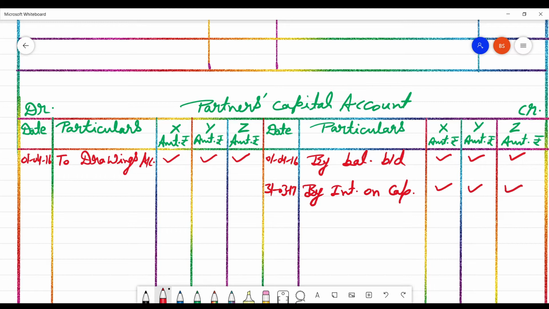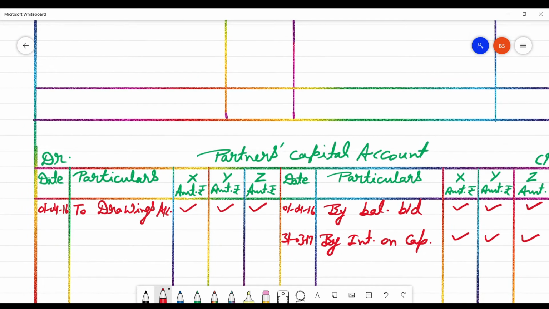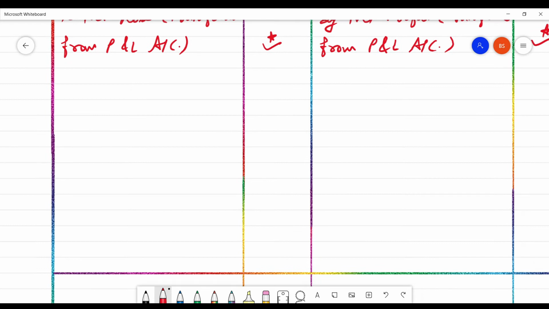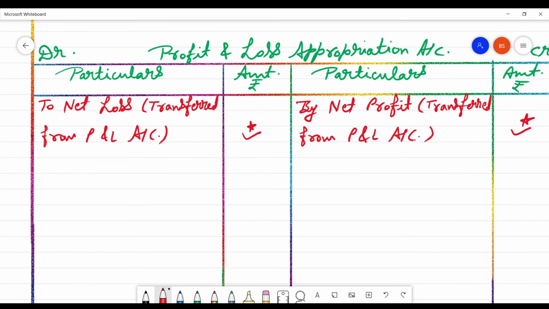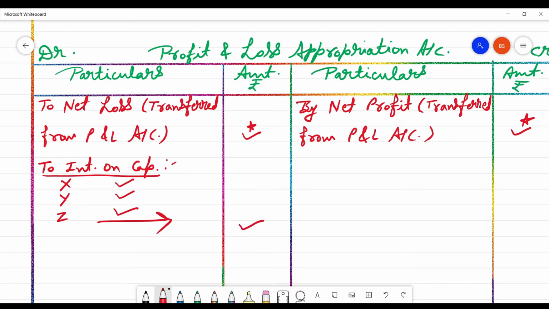And the second entry will be recorded on the debit side of the P&L appropriation account, "To interest on capital", with the partners' names and their amounts, and the total outside of the column.